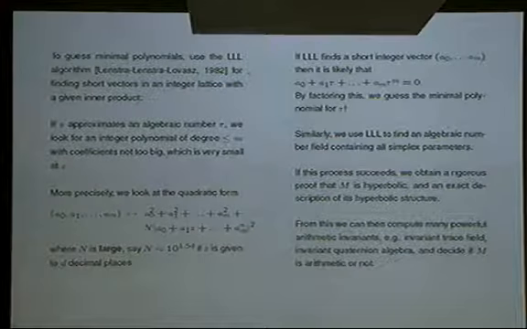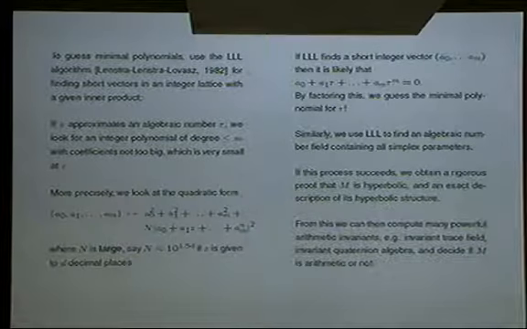And if LLL succeeds in finding a short vector with this kind of norm, then it probably means, if you're lucky, that tau satisfies this polynomial exactly. And so you've got some integer polynomial satisfied by tau. This may not necessarily be the minimal polynomial, but you can always factor it and pick out which factor contains tau as a root. So this is how you can try and guess the minimal polynomial.